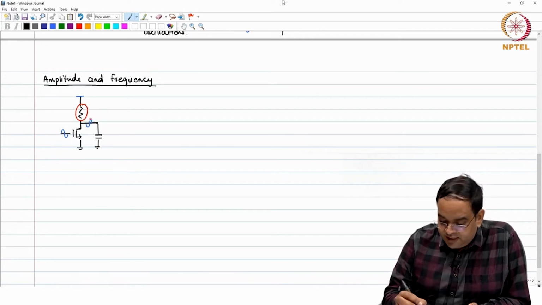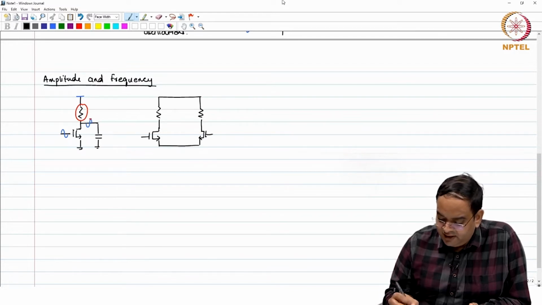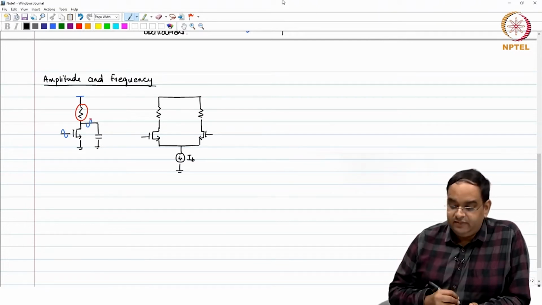So, as an example, let us look at a simple circuit like this, where you have a differential pair as the input and with a fixed current IB. This current is realized with the MOSFET, but this current is fixed here, IB.